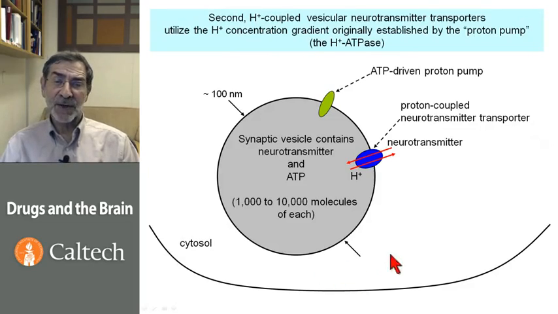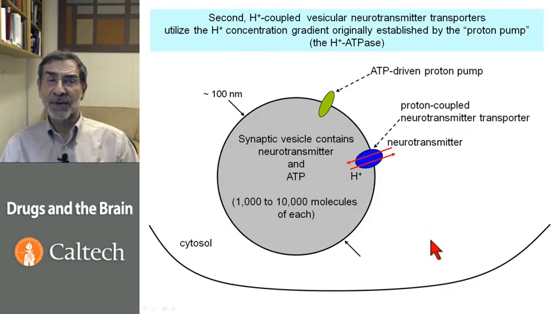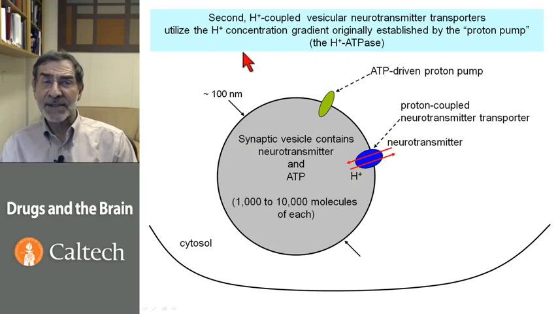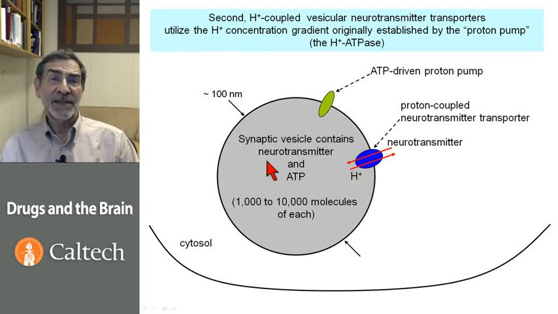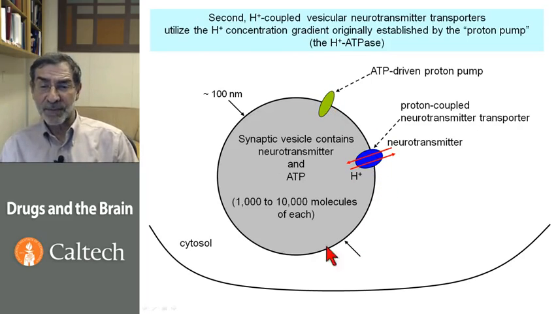Once the neurotransmitter gets into the cytosol, there's a second ion-coupled neurotransmitter transporter that brings the transmitter into the synaptic vesicle. This is a proton-coupled vesicular neurotransmitter transporter. It utilizes the proton gradient, the hydrogen ion gradient, that was originally established by a different ATP-coupled pump. This is the proton ATPase, which exists in the membrane of the synaptic vesicle.